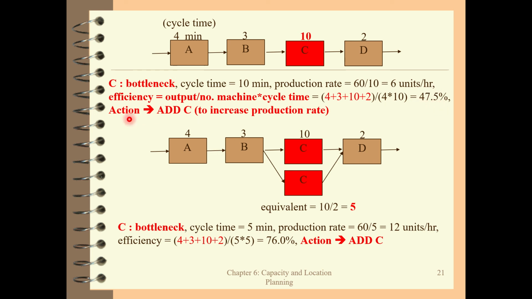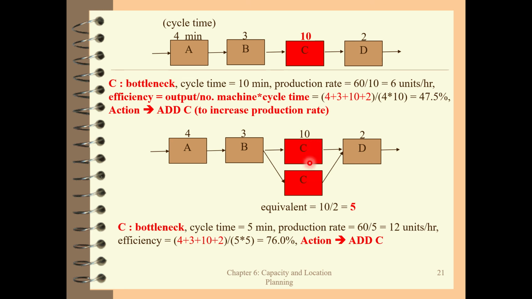So the action that you have to do whenever you want to increase the production rate is add one machine C to the line. When you add machine C to the line here, by paralleling machine C together, the equivalent cycle time will be equal to 5 because you got 2 machine C. Within 10 minutes, you can produce 2 units.